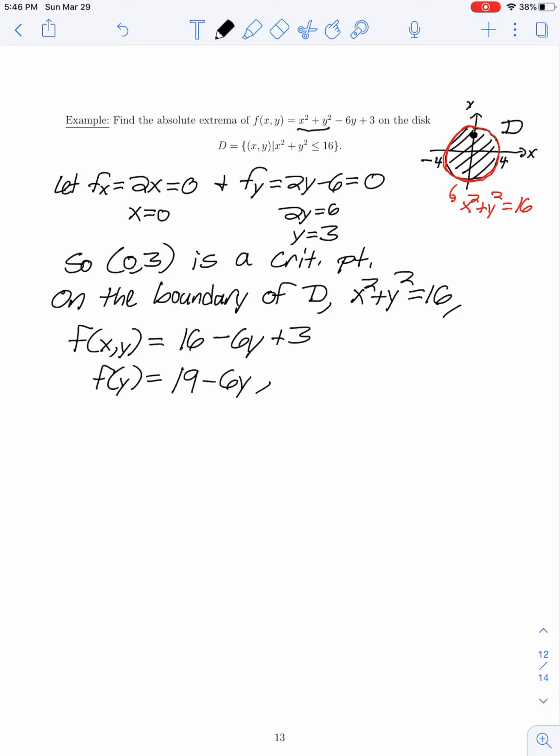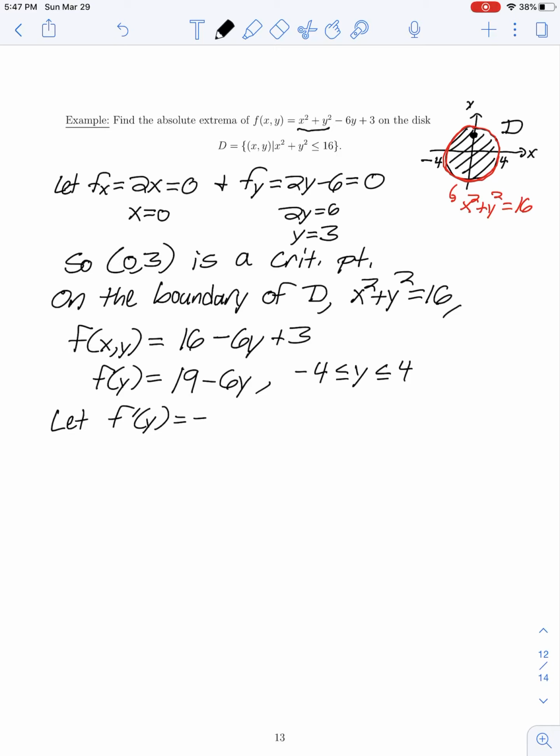So we're left with a function of y only. Here it simplifies to 19 minus 6y, where the values of y can range from -4 to 4, since 4 is the radius of our disk.